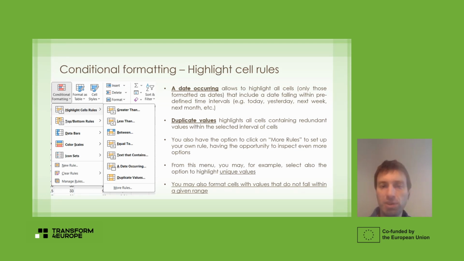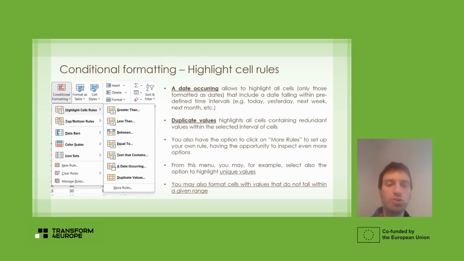The same thing with duplicate values can also be applied in reverse on unique values, okay? And in this case, those options can be accessed from the more rules icon down there, on the bottom of the other options.